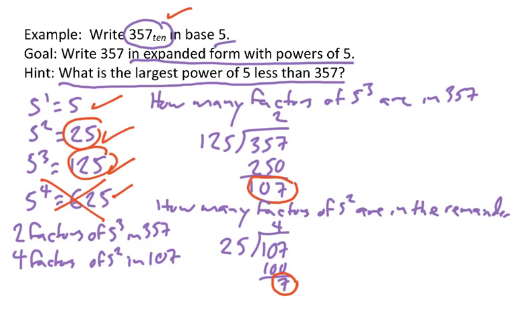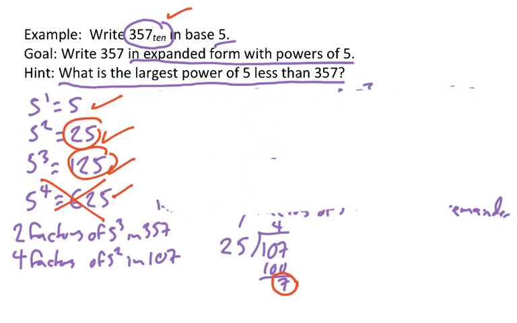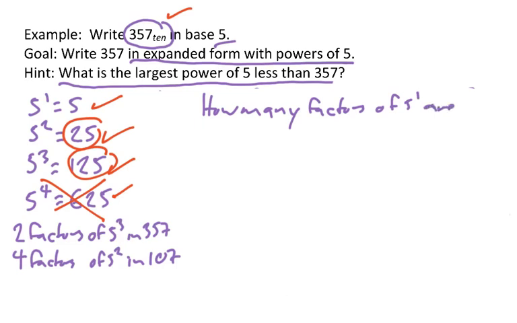I'm going to need a little more workspace, so let me erase some things here. Remember, we're looking at 7, and we want to ask how many factors of 5 to the 1 are in the new remainder of 7.